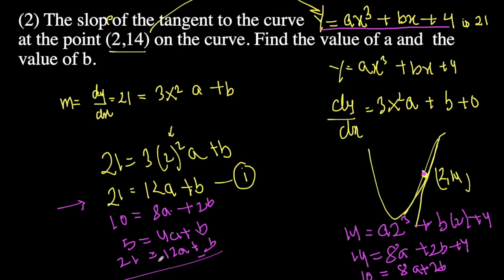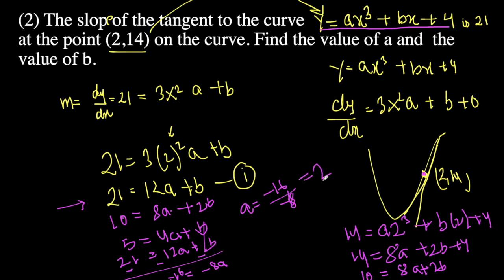If you subtract, the sign will change, b will cancel out, and here you will get minus 8a is equal to minus 16. Hope you understand this one. Now, a will be equal to minus 16 over minus 8, that will give you a equal to 2.